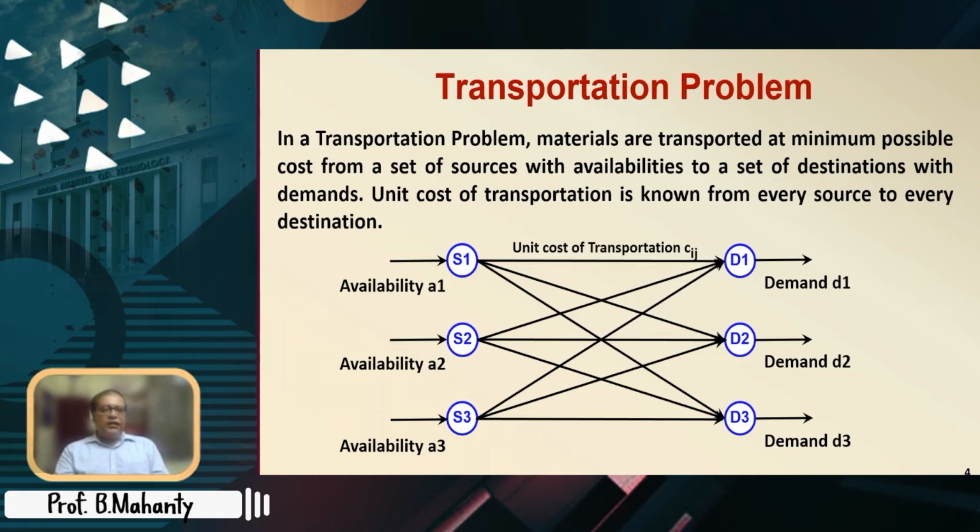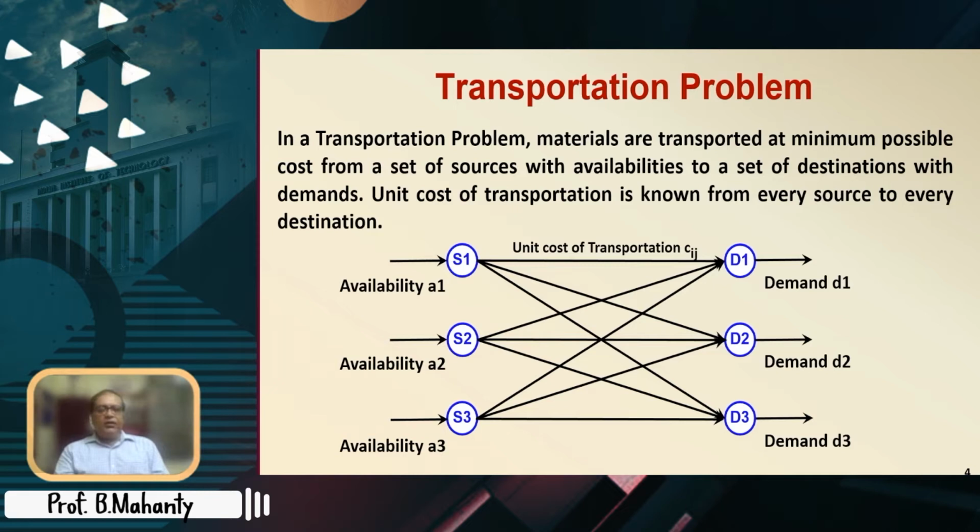We don't send anything directly from S1 to D1, but S1 material we send to S2, and then from S2 we send to D1. Maybe S2 to D1 is less costly, and even when you add S1 to S2 transportation, that cost is still less. So that could be an option, S1 to S2 to D1. So that is one kind of transshipment.